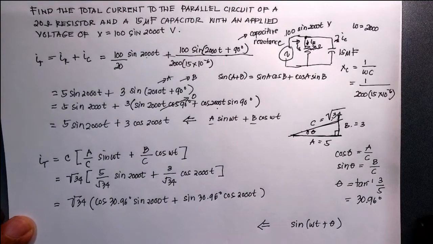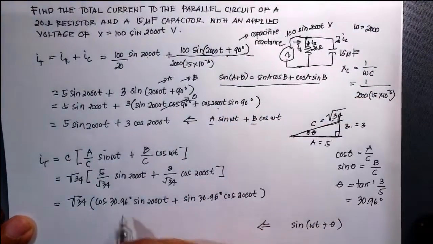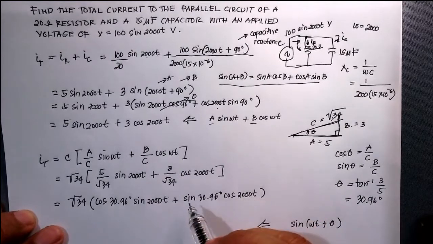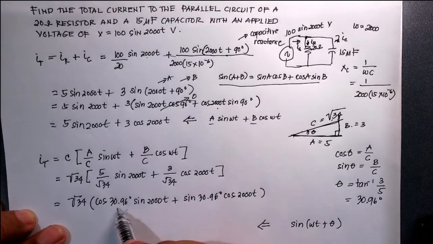So since this is of the identity, here we have A as our 2000t and B as our 30.96 in this case.